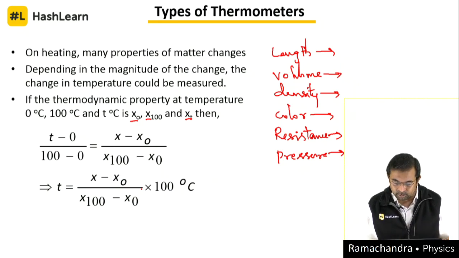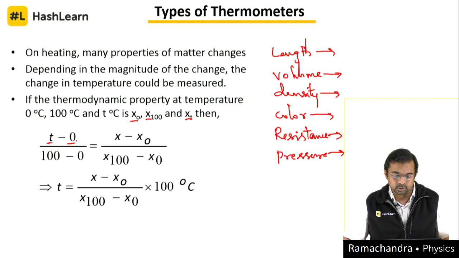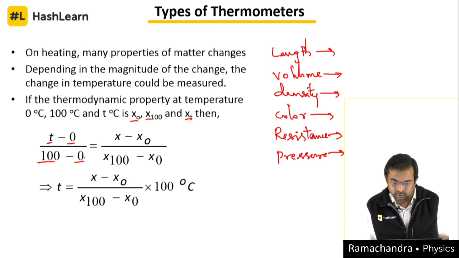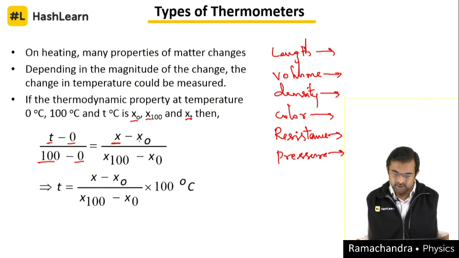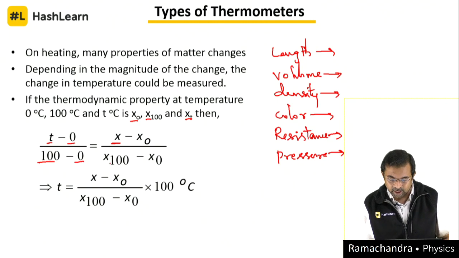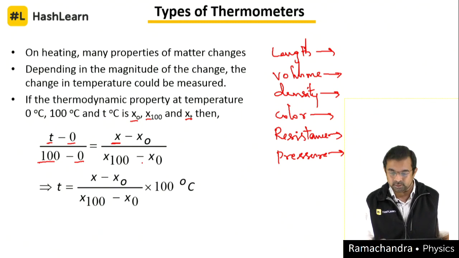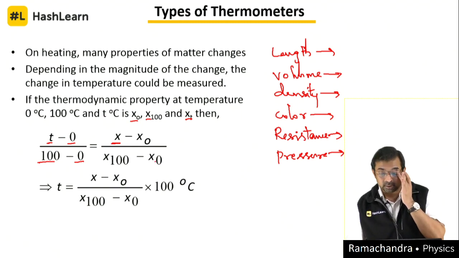So this formula will be T, any random temperature, minus 0 degree Celsius, divided by the upper point minus the lower point. This will be equal to the thermodynamic property at the random temperature x, minus x naught, the thermodynamic property at 0 degrees Celsius, divided by the thermodynamic property at 100 degrees Celsius minus the thermodynamic property at 0 degrees Celsius.